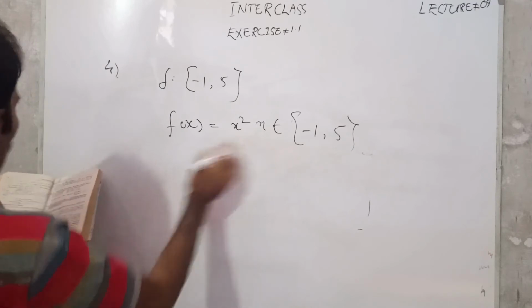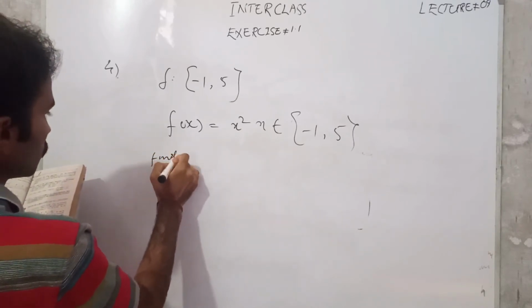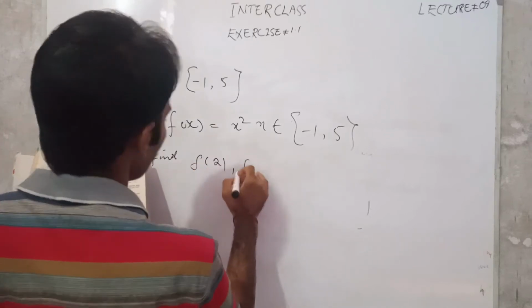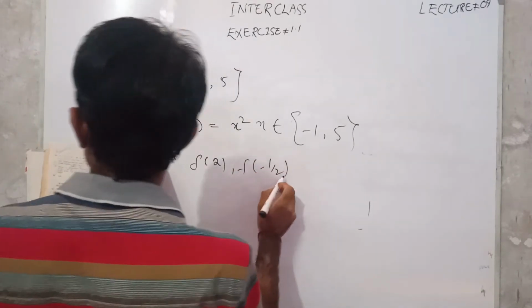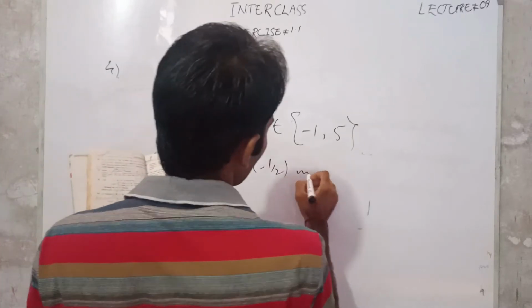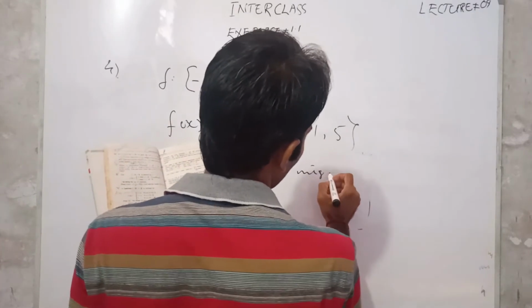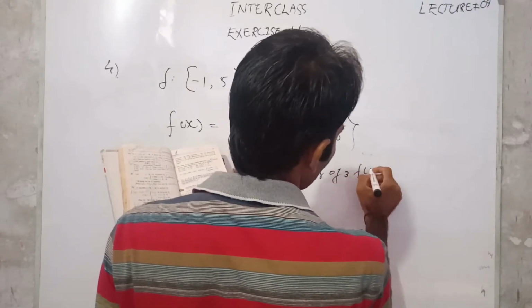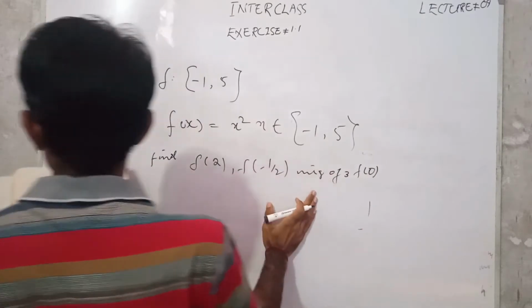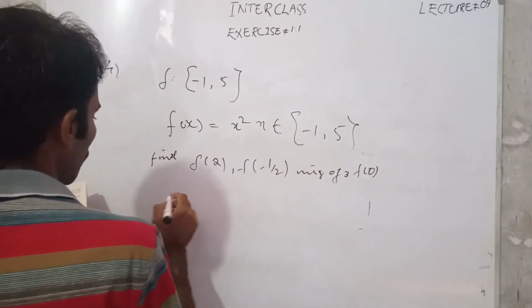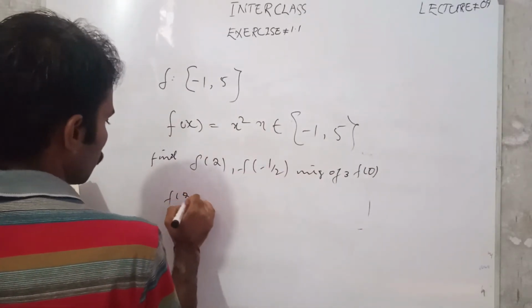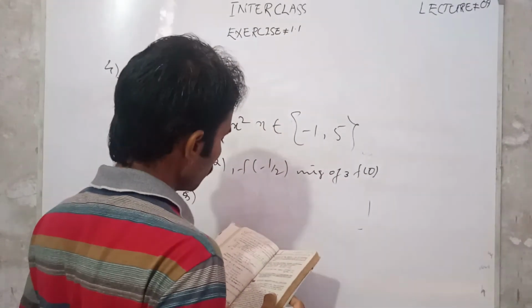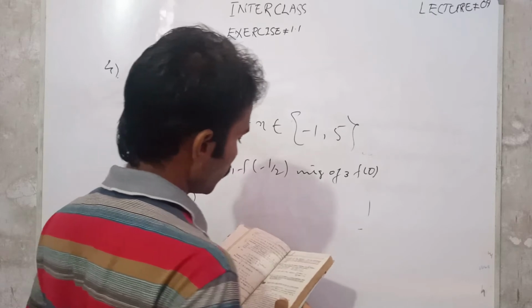And now find f of 2 and f of -1/2, and the image of 0, f of 0 in simple words, and the image of 5, f of 5. And further, can you find the value of f at -2?